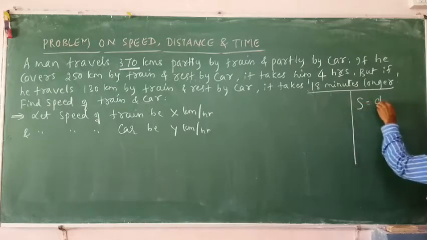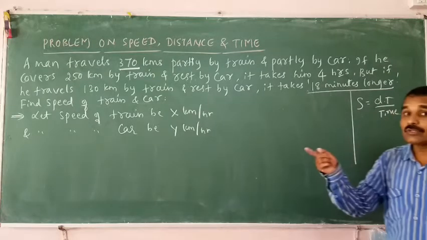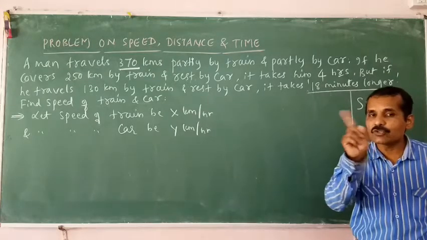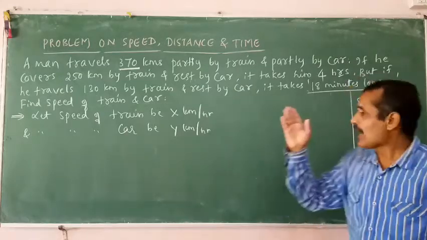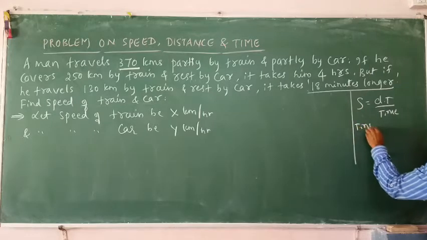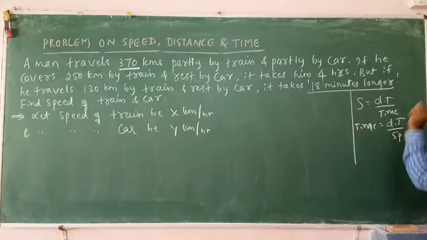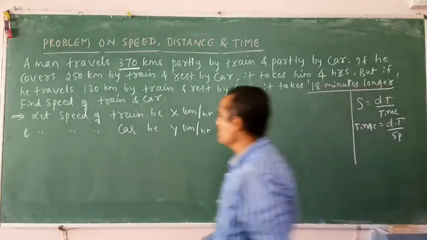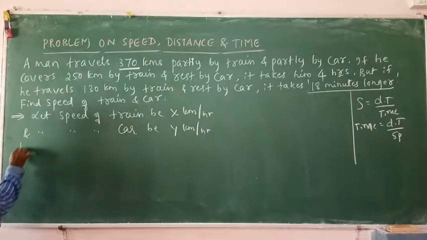Speed is equal to distance traveled by time. But we know the combined time. Individually, train how much time, car how much time, we don't know. So I will convert that formula: time is equal to distance traveled by speed. Now I will start the first condition.